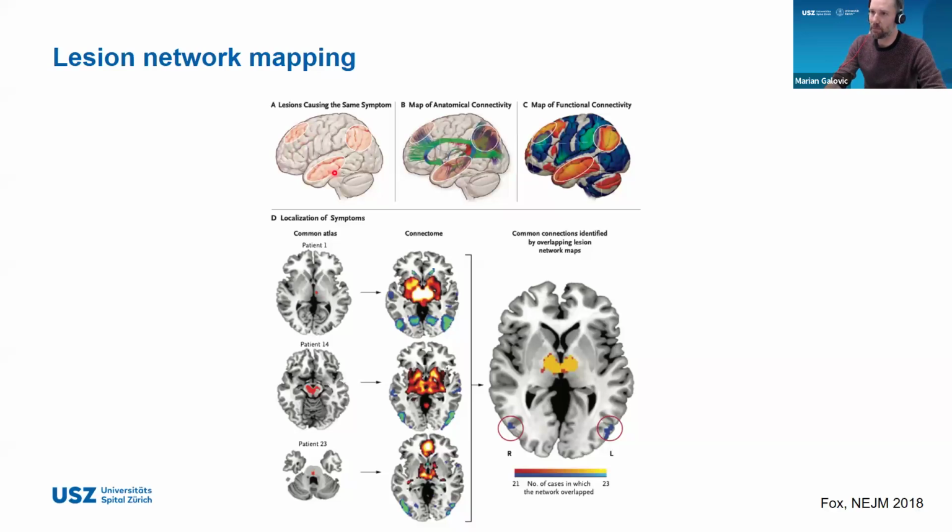So again, you can map these lesions, and then you can estimate the connectivity of these lesions based on a connectome that's usually based on healthy control data. And then you map the functional connectivity of these lesions. You can do this for many patients or many lesions, and you can find some overlap, and this may be pointing to relevant areas that are disconnected or where connectivity is impaired that may be causing your symptoms. So this is called lesion network mapping.